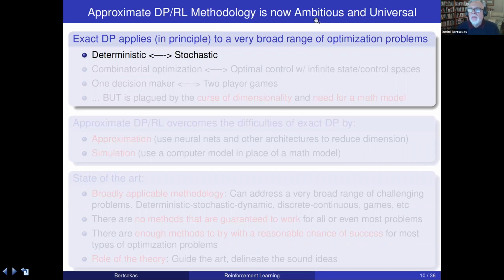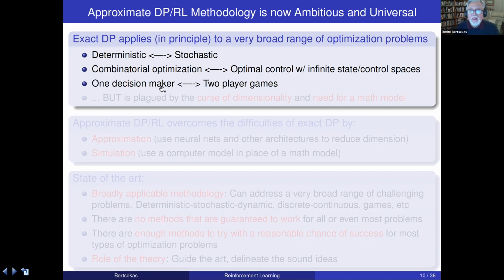There is confidence in the methodology, and the methodology is also ambitious and universal. By this, I mean that it applies to a very broad range of optimization problems, from deterministic problems to stochastic problems, from combinatorial optimization problems with discrete spaces to optimal control that has infinite state and control spaces, from one decision maker to two-player games.